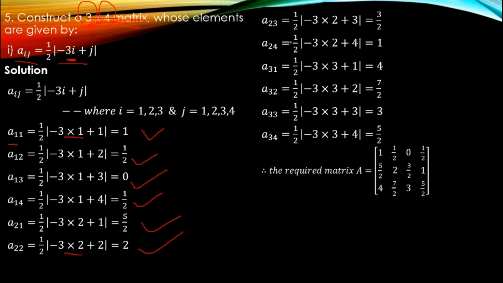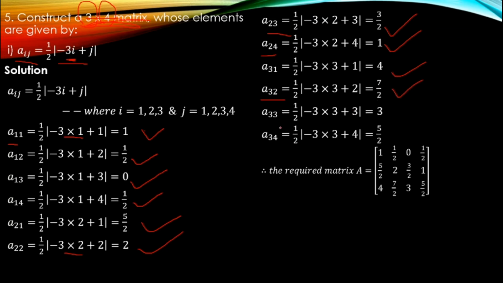One thing is sure, you won't have a negative value because modulus is there, so all the elements will be positive. a23, substituting the values of i and j, you get 3 by 2. a24, when you solve you get 1. a31, when you solve you get 4. a32, when you solve you get 7 by 2.